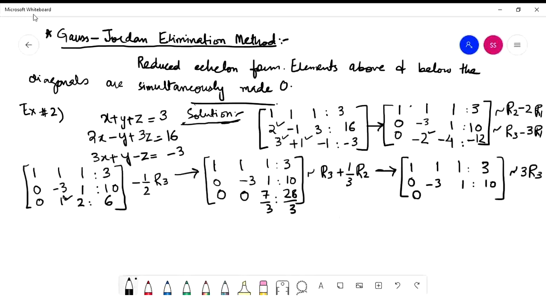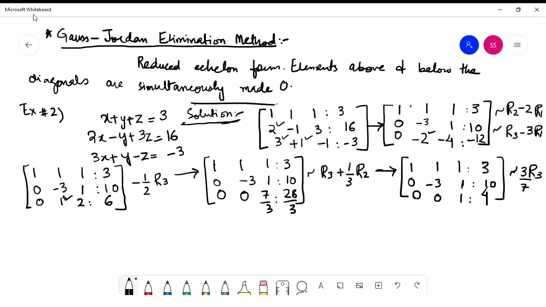If I make it as 3 into 7 by 3, that makes it 7. And if I divide it by 7, like 3 by 7, what it makes is 1. Yes. And 28 by 3 into 7, cross multiply it, that makes it 4. So your R3 is 1, 4.